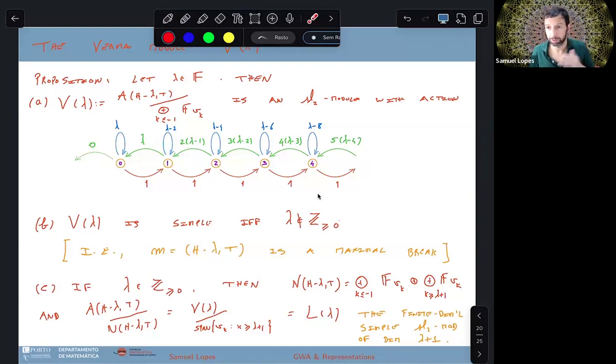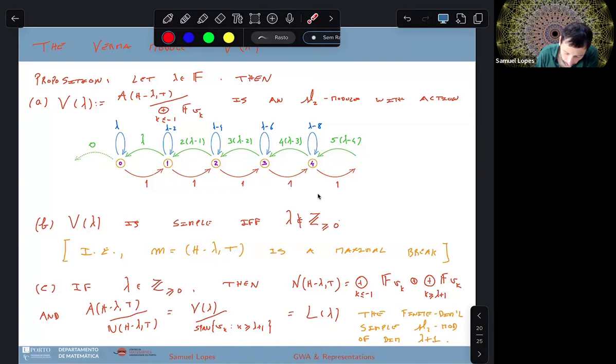It might not be simple, depending on whether or not I have breaks, but it will always be a module, and it's in fact called the Verma module associated to the scalar lambda. So we've already constructed the Verma module for SL2, but more importantly, we've constructed some that we hadn't seen before, which were doubly infinite in both directions, simple modules for SL2.